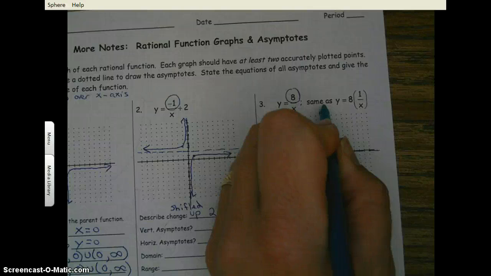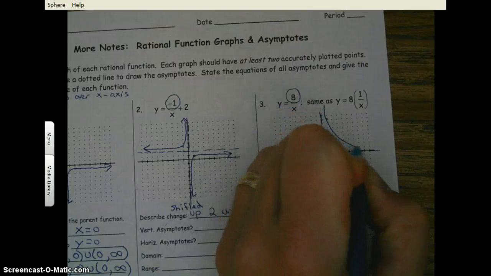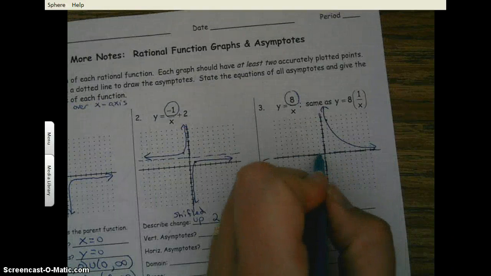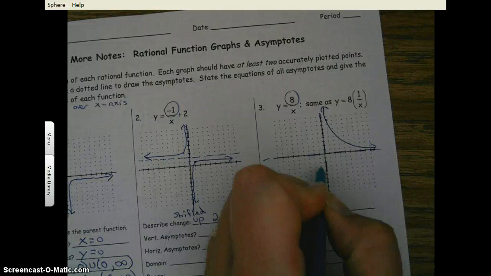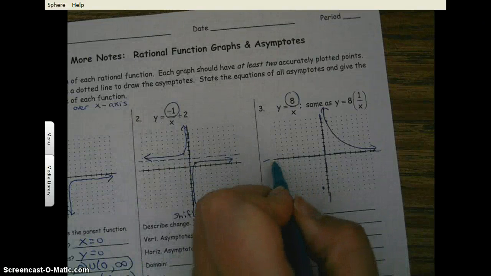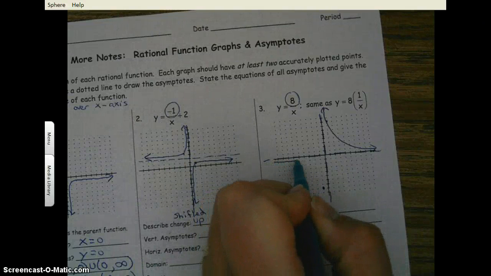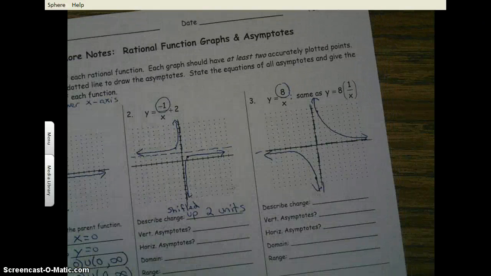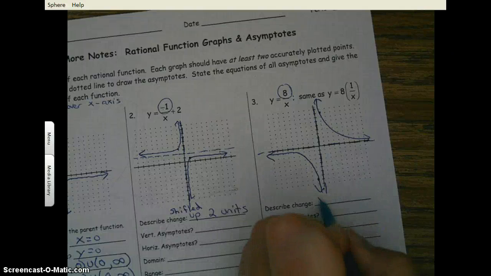So we're going to have a graph kind of going like that. And on the other side, go to the left one, and we're going to go down 8. I lost track, but you get the idea. Now notice as x gets bigger, y is getting smaller. So we have a vertical stretch.